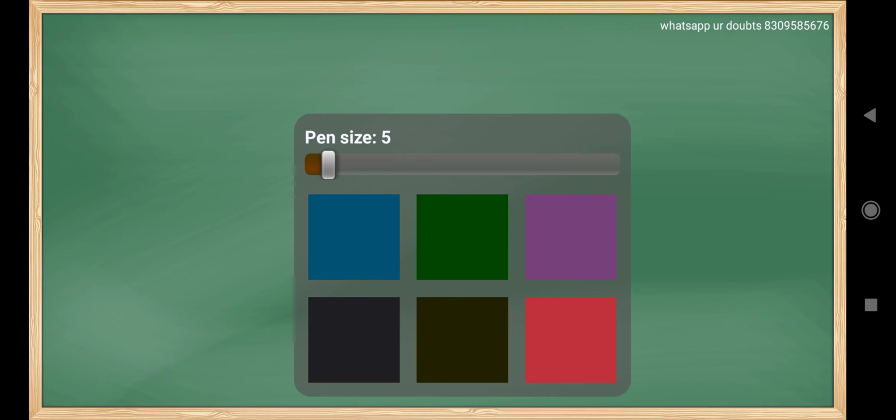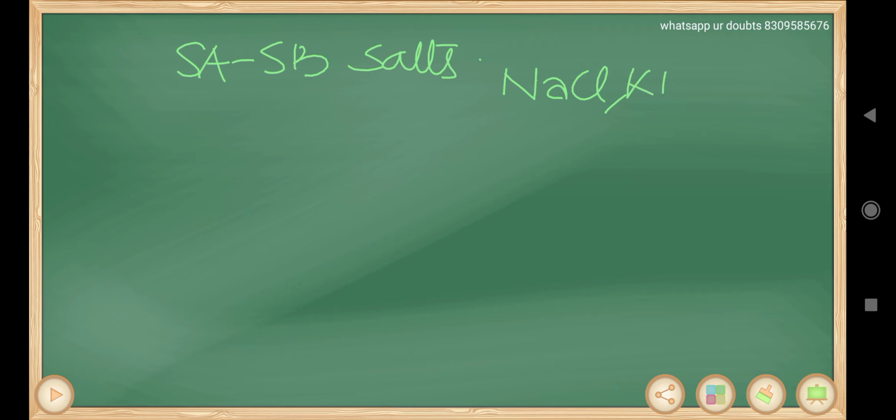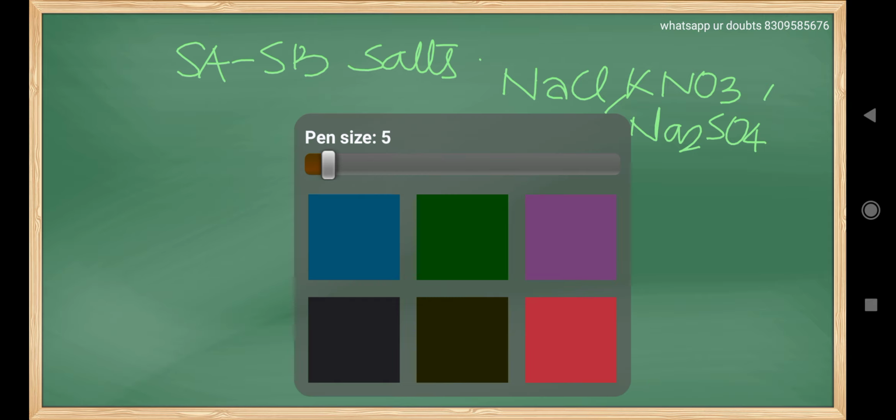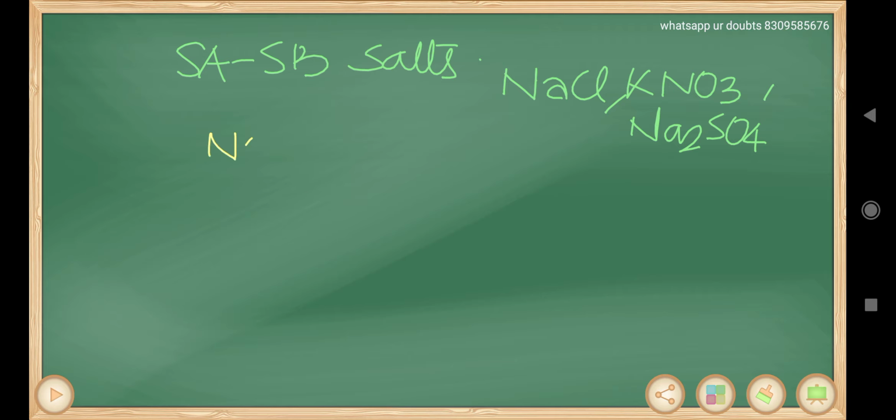First one, strong acid, strong base salts. The best examples are NaCl, KNO3, Na2SO4, etc. Very simple line here: no hydrolysis takes place. Strong acid, strong base salts do not undergo any type of hydrolysis.